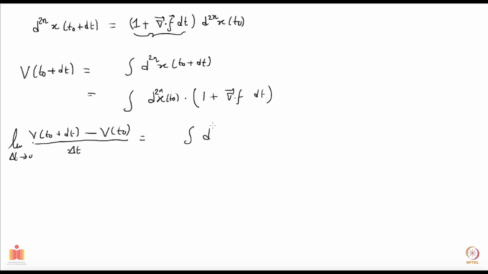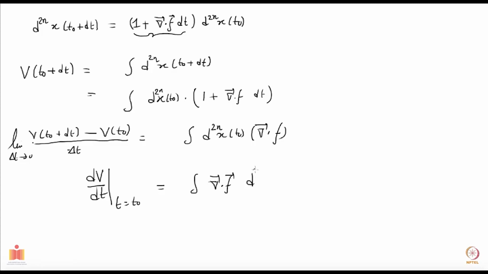So you have the integral over the volume element of divergence of f, right? So dV over dt evaluated at time t equal to t₀ is the integral of divergence of f times d^(2n)x at t₀.